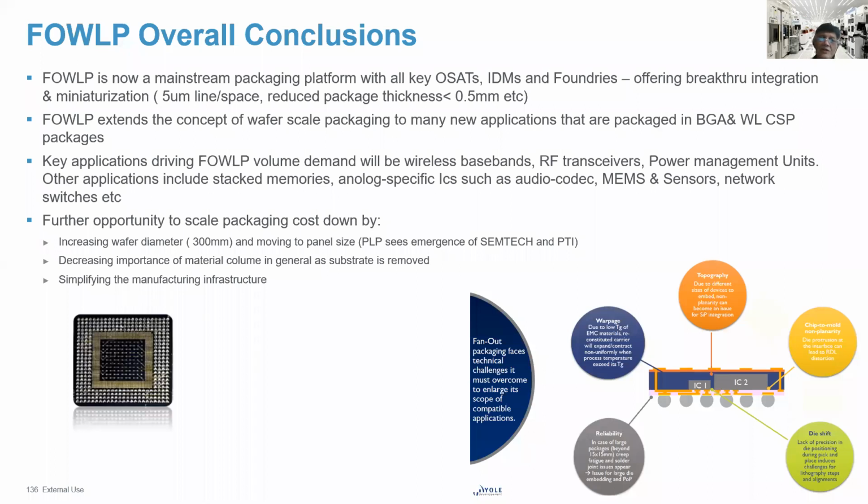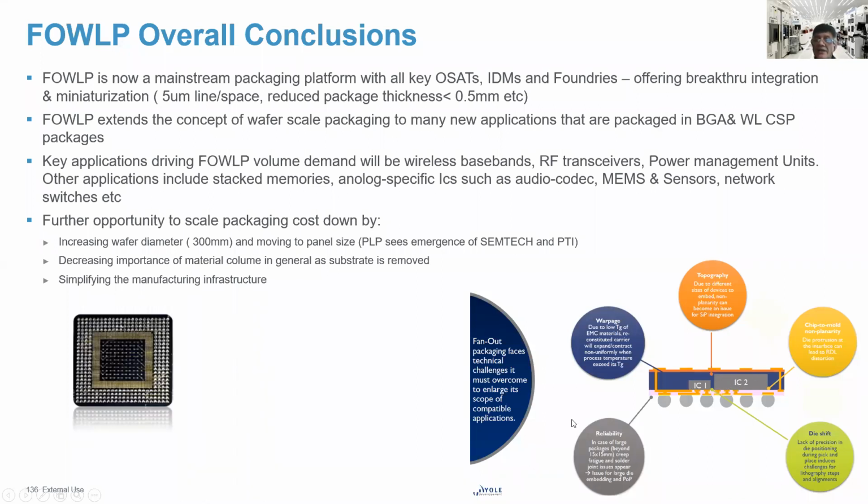It's not that fan-out packaging does not have its challenges, because just remember, you are putting silicon dies in a mold, and these will have different thermal coefficient of expansions, and this can create problems like warpage. It can have topographical challenges, because dies could be of different thicknesses, and then you need to manage that.